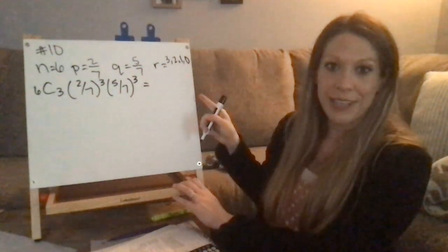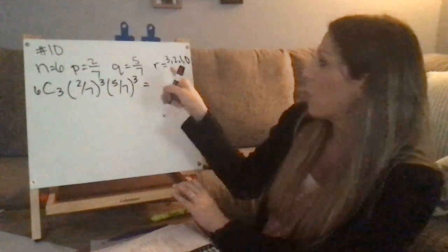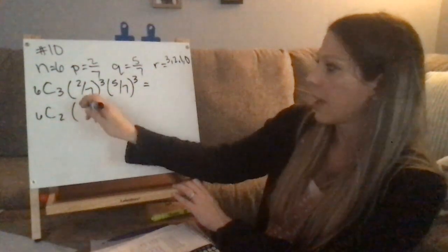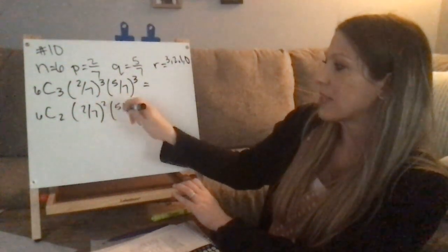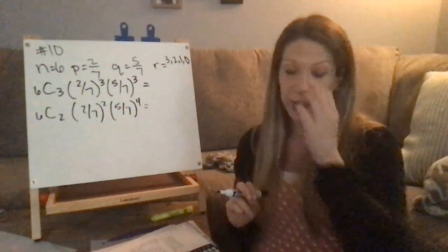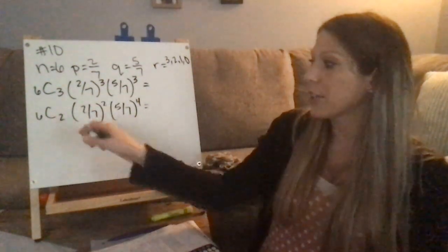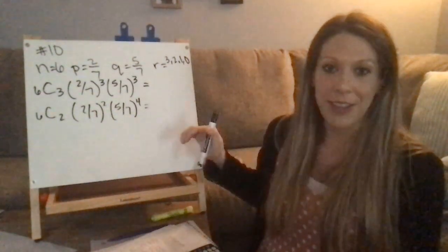And then we're going to calculate that probability. We'll save that till the end. Let me do one more of those. So when R is 2, we would have 6 choose 2, 2/7 to the 2nd power, which means 5/7 would be to the 4th power. And then we'll calculate that probability. Go ahead, pause the video, write down your next 2 that you think it would be, and then go ahead and fill in the answers.